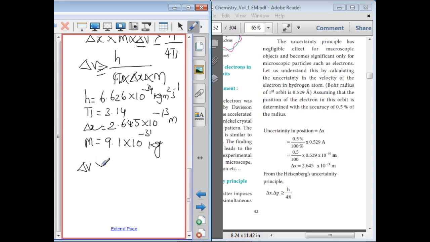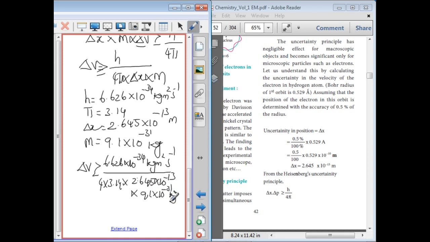Delta v is greater than or equal to 6.626 into 10 power minus 34 kilogram meter square second inverse divided by 4 into 3.14 multiplied by 2.645 into 10 power minus 13, and then the mass 9.1 into 10 power minus 31 kilogram.